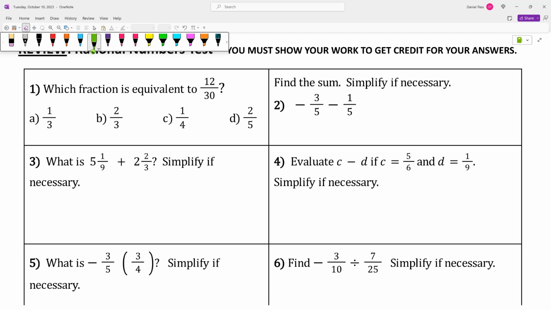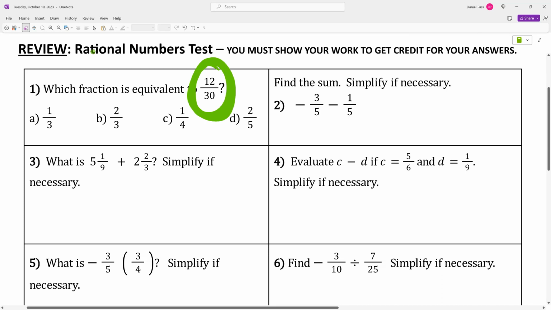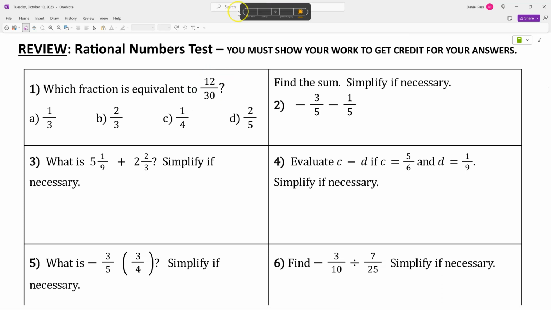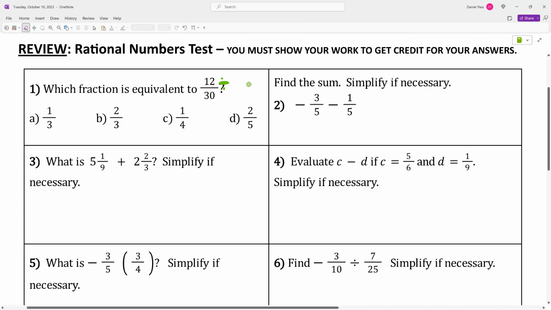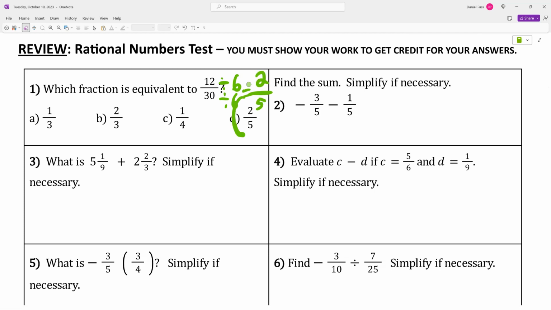So we have to find the same number that can divide into both. So what is our biggest number? We could do 2, but what's bigger than that? 6. So we divide both of them by 6, and we get 2 over 5. And that's it. It's D.